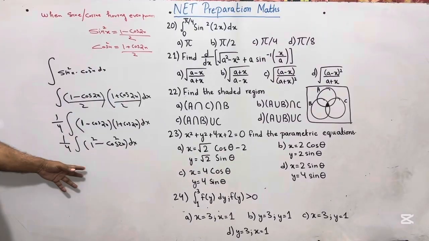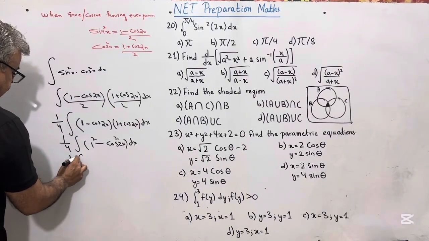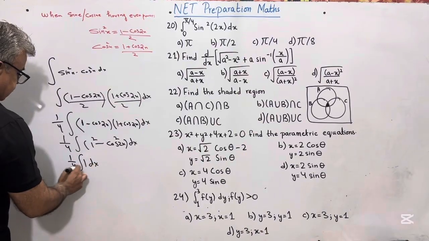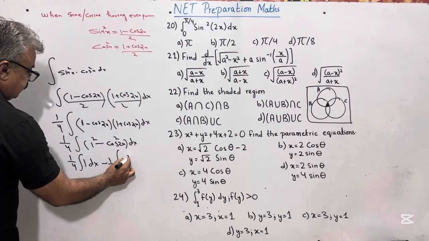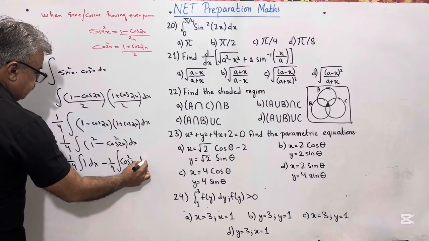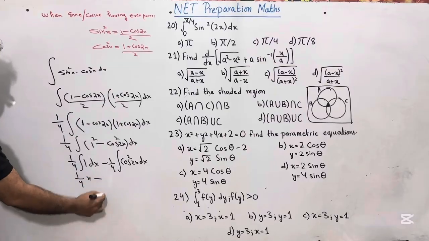Now we multiply 1 over 4 and dx, adding the integral symbol to each term. 1 over 4 times the integral of 1 dx, minus 1 over 4 times the integral of cos square 2x dx. 1 over 4, integration of 1 is x.